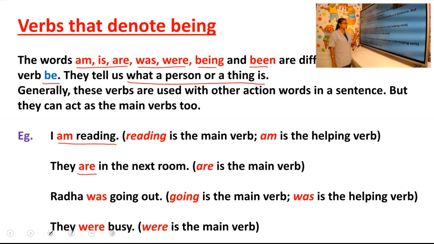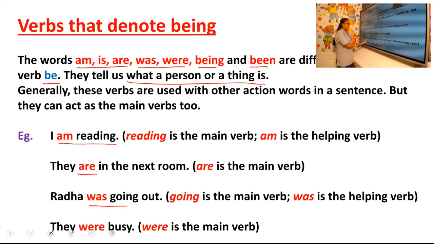In the first sentence, we saw that the verb am acts as the helping verb, and in the second sentence, we saw the verb are acts as the main verb. Clear? See the next example. Radha was going out. Here, the verb was going is made up of two verbs, and you can see the be form was here, and the main verb, that is the action word going, is also here.